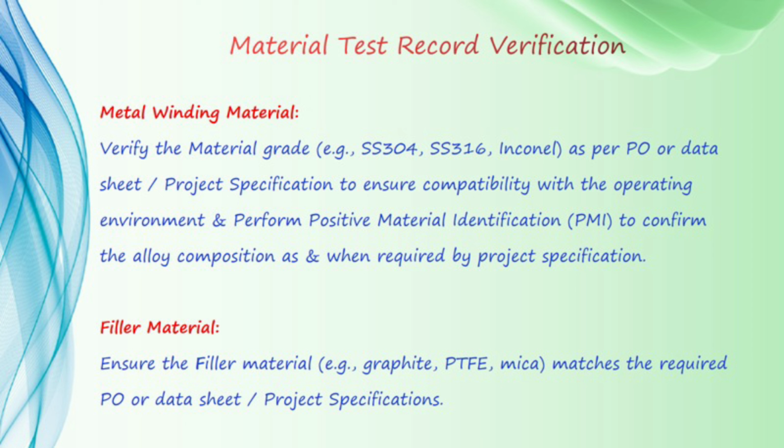Here, the metal winding material and filler winding material are mentioned in the material test certificate, so the QC inspector has to review the material test record properly and ensure that the relevant material required as per PO or project specification is mentioned and available in the mill test certificate. So he has to correlate the details with respect to PO or project specification.